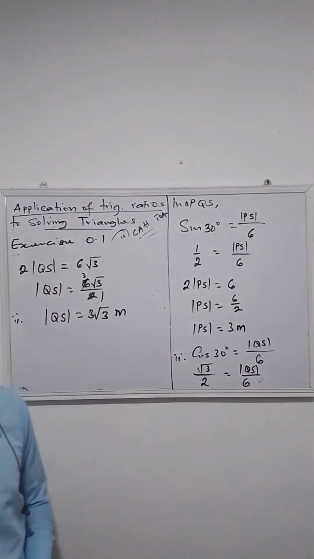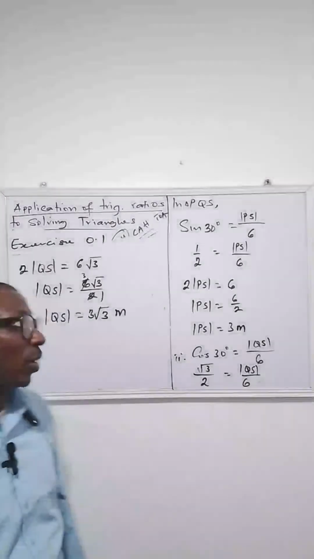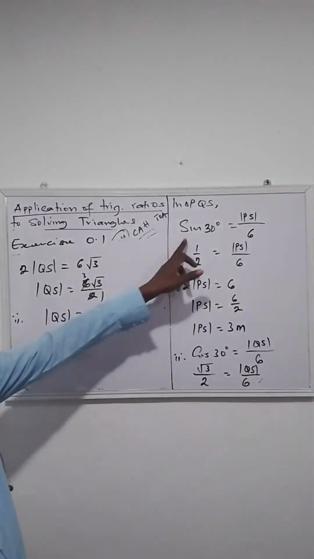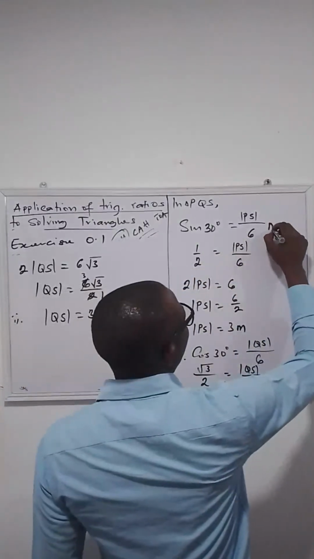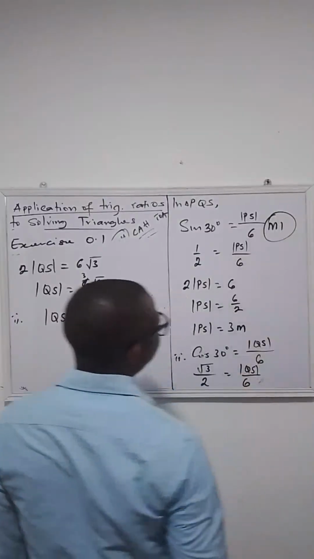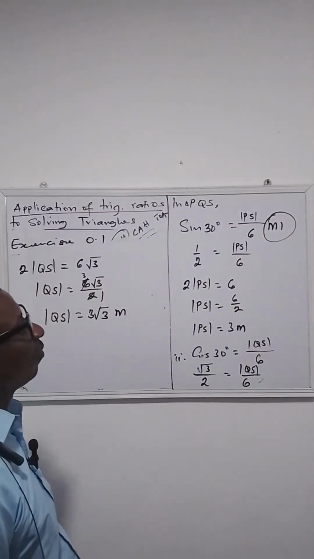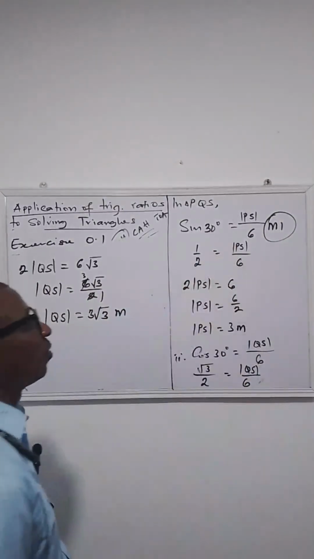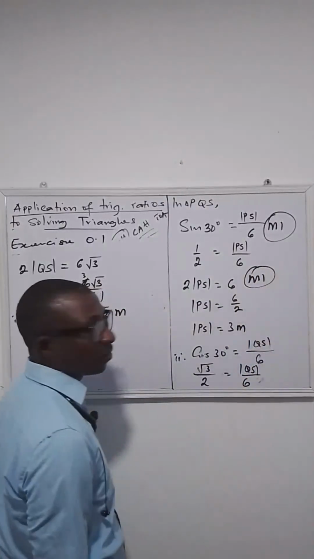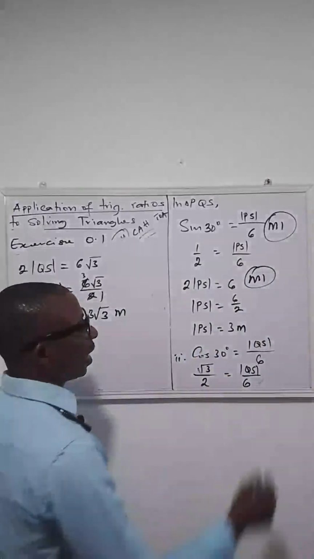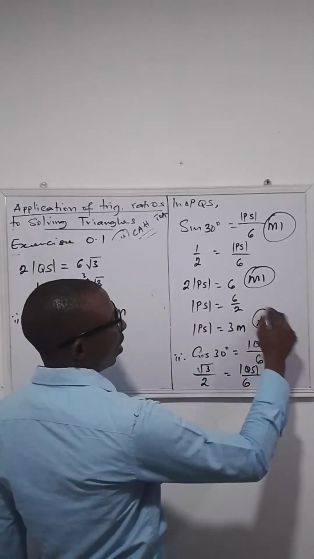So now, if you are to award marks to this question, for writing this trigonometrical ratio, there will be a method mark, M1, for that. Now for solving, we have another method mark, M1, for that. And for getting the answer, we have an accuracy mark, A1, for that.